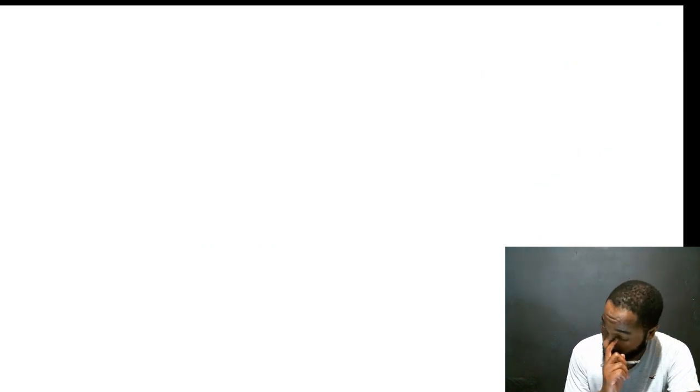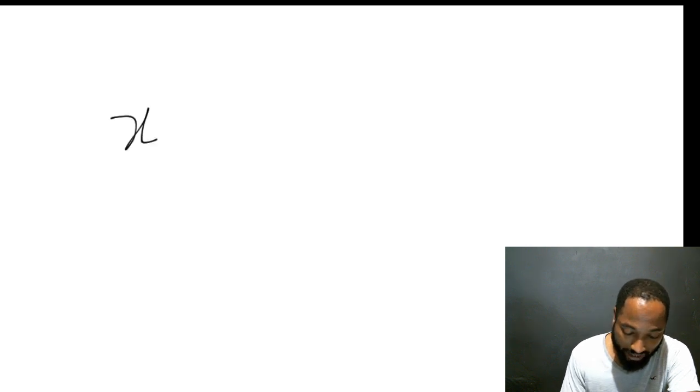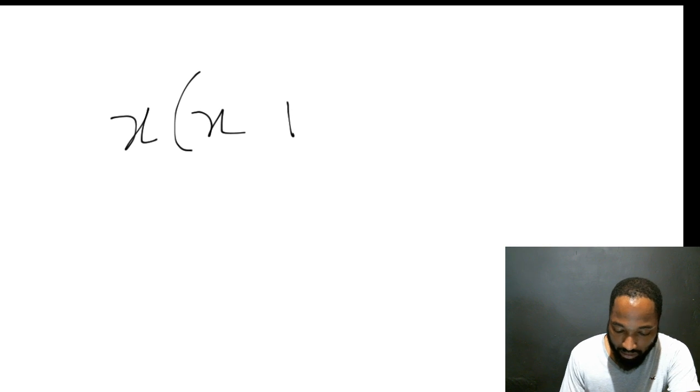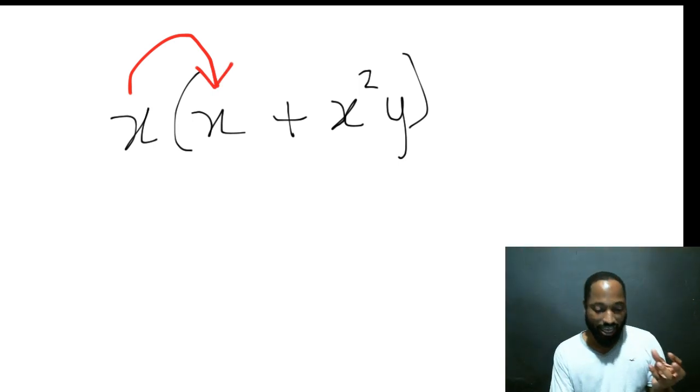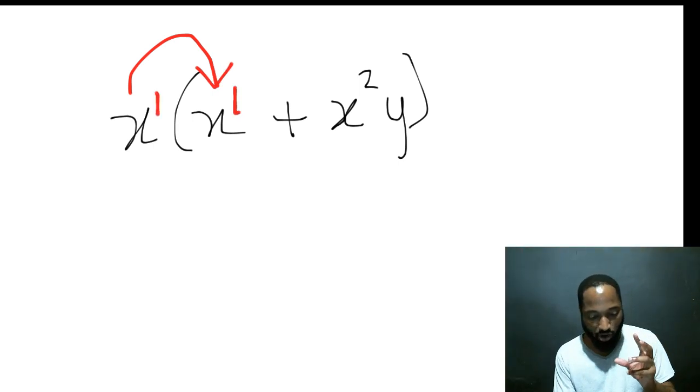Now in algebra we'll be facing this again in something called expansion and factorizing. For example, we'll have something like x by x plus, let's say, x squared y. This is just a little idea of what's coming up. x by x is x to the power of 1 by x to the power of 1.